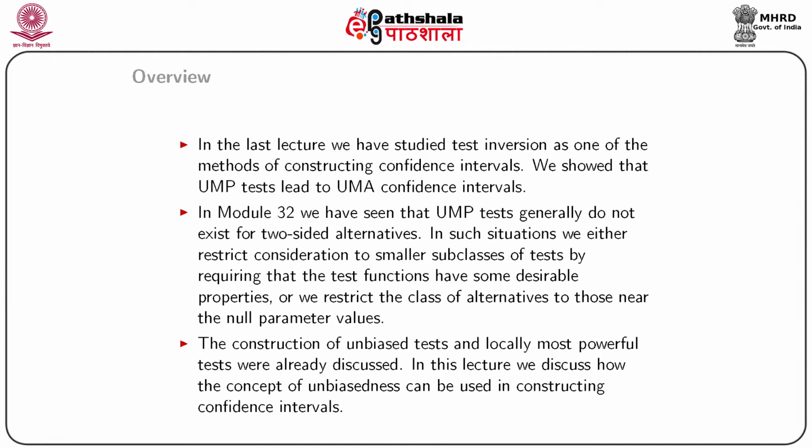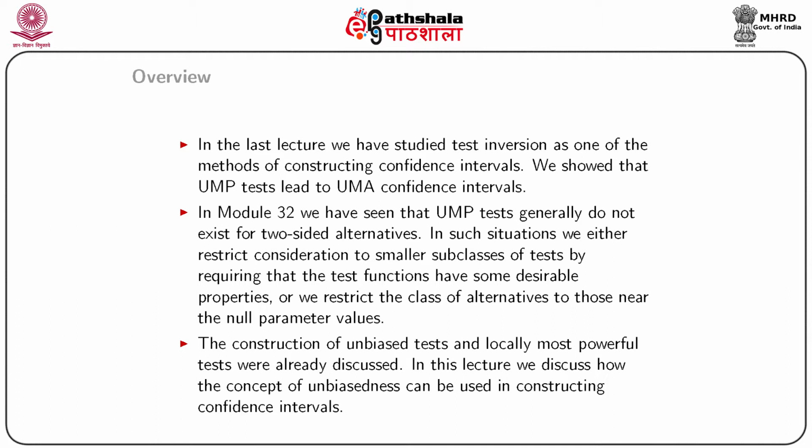In such situations, we either restrict consideration to a smaller subclass of tests by requiring that the test functions have some desirable properties, or we restrict the class of all alternatives to those near the null parameter values.